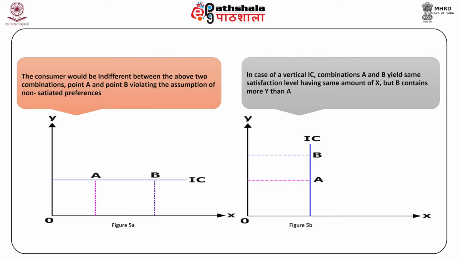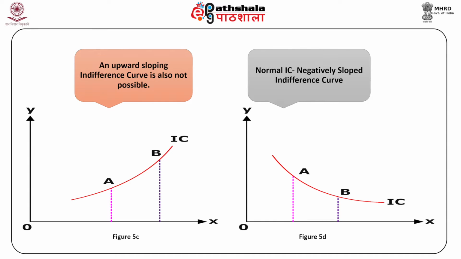Likewise, with two normal goods, an indifference curve cannot be represented by a vertical straight line, figure 5b, as in this case combinations A and B yield the same satisfaction level having the same amount of x, but B contains more y than A. Further, an upward or positively sloped indifference curve, figure 5c, means that the combinations A and B yield equal satisfaction, though B contains more of goods x and y, but this cannot be so if both the goods have positive marginal utilities. Now see figure 5c and 5d.